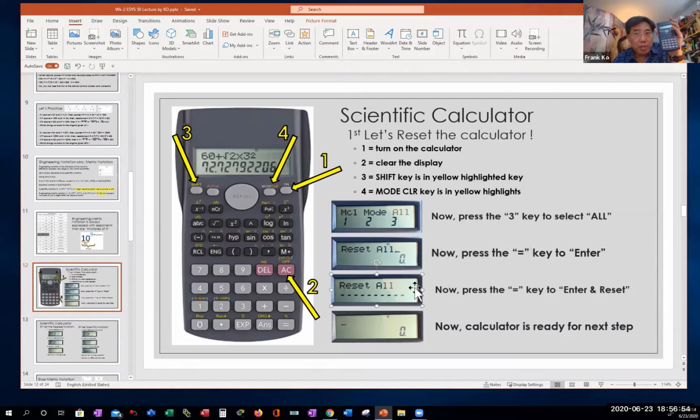Then you will see this screen that tells you, yes, it is setting all. You hit equal to actually engage, enter, and reset. And when everything is said and done, you have this display. This is now reset and ready for the next step. So as I've said, if you're not using this particular calculator, refer to your owner's manual, start with the reset.